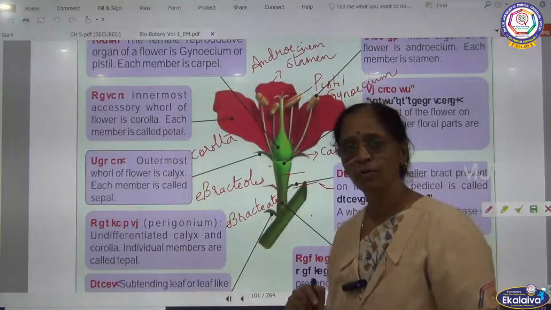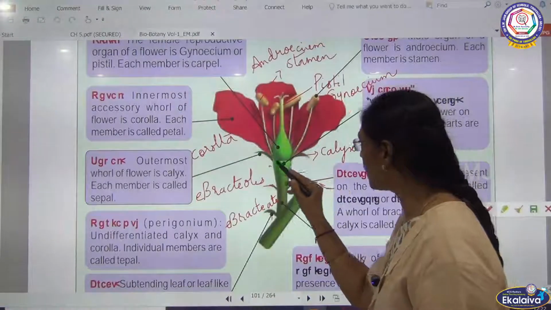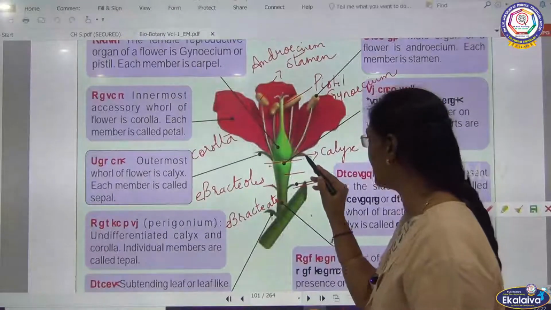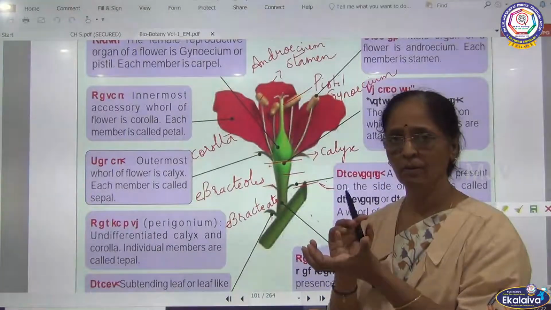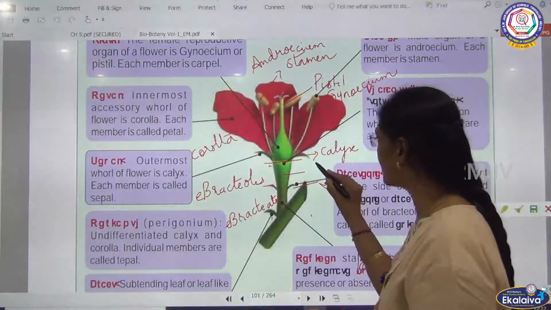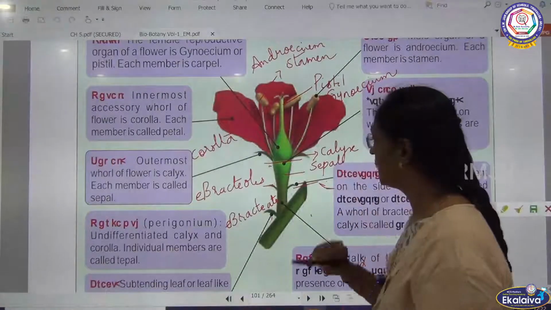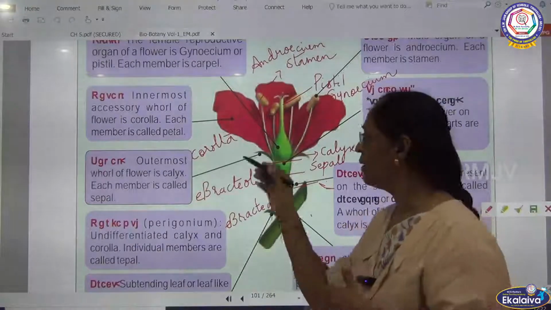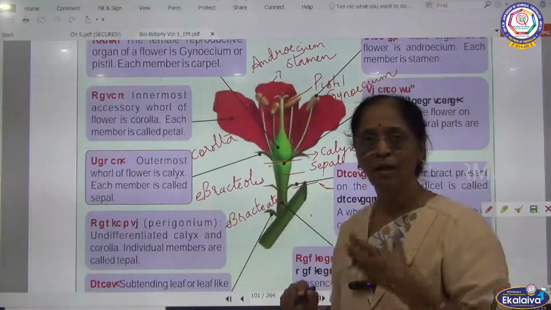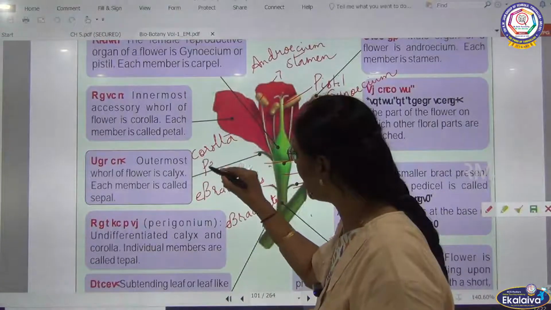Now, a flower has 4 whorls. That is, the outer whorl is the green part, which we call the calyx, and it is a whorl. Each member of this calyx, we call a sepal. And the second whorl, the corolla, is a whorl, and each member of this corolla, you call a petal.